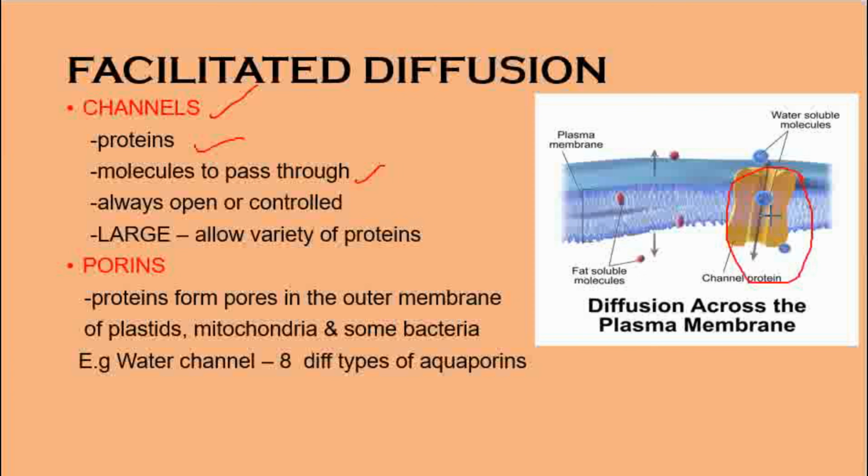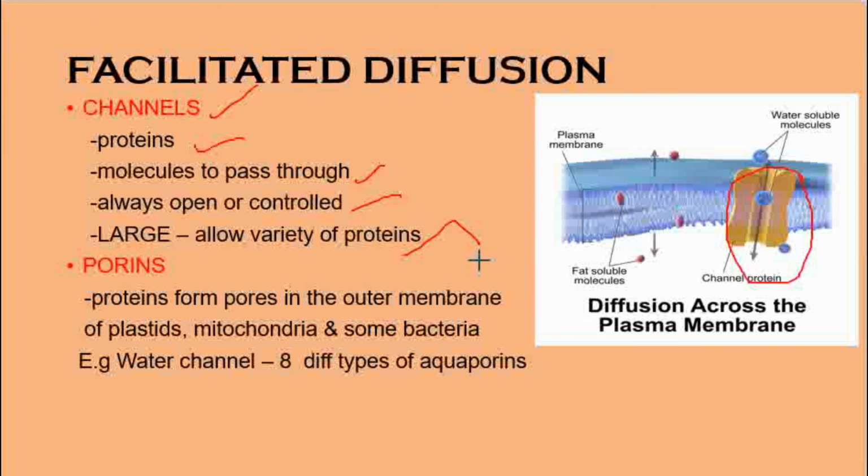On the membrane you can see channels which are nothing but proteins. They allow molecules to pass through, and they are either always open or controlled by some process. It gets open only when it binds to a receptor like that. And when it is very big, it allows a variety of proteins.